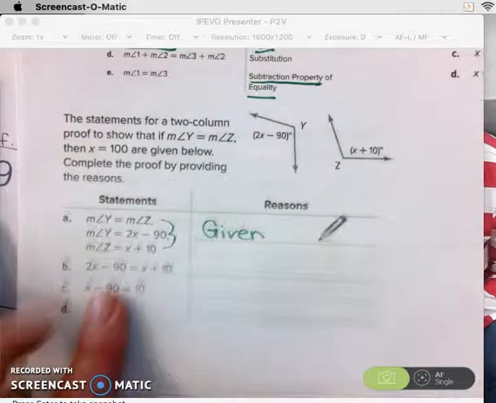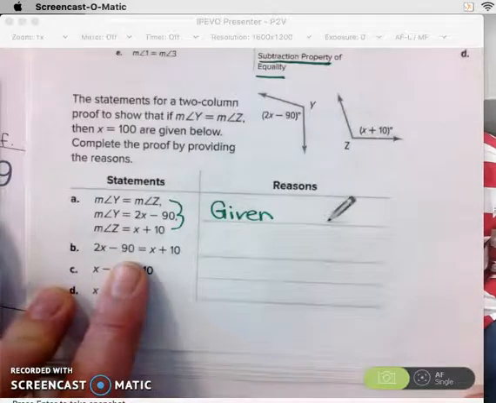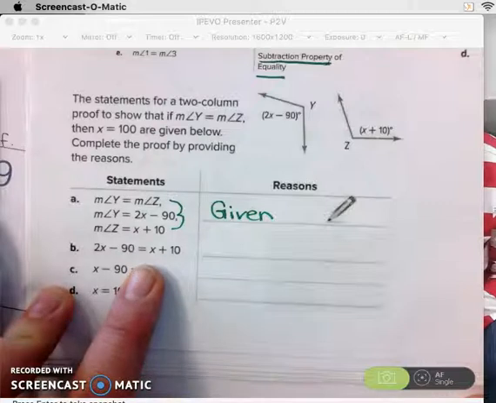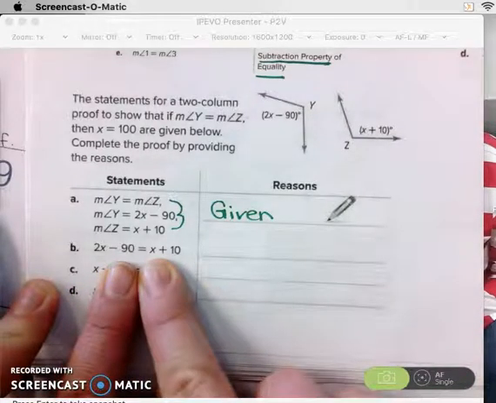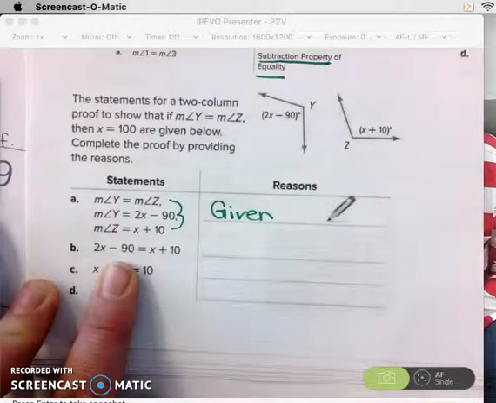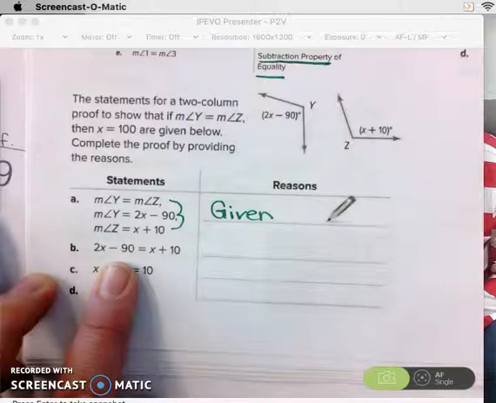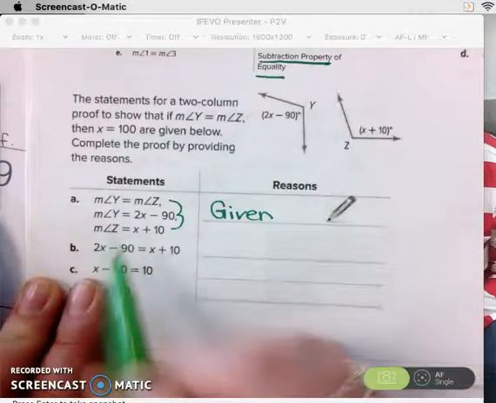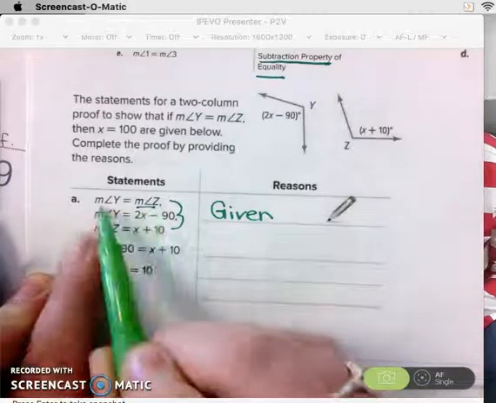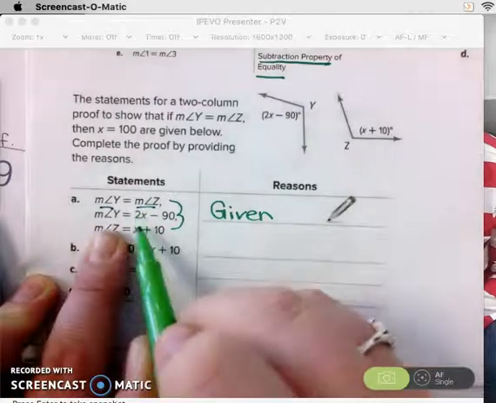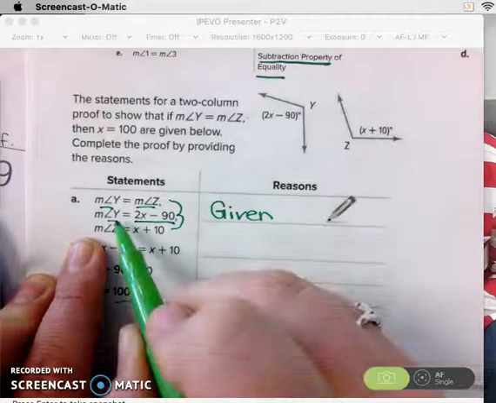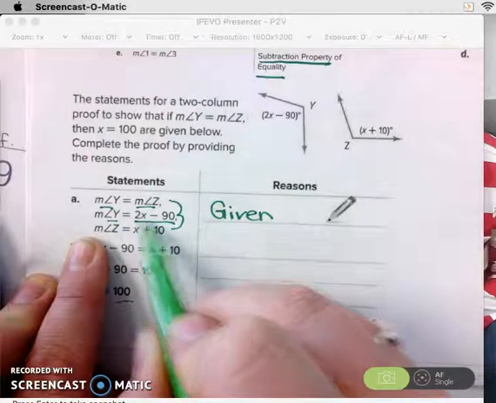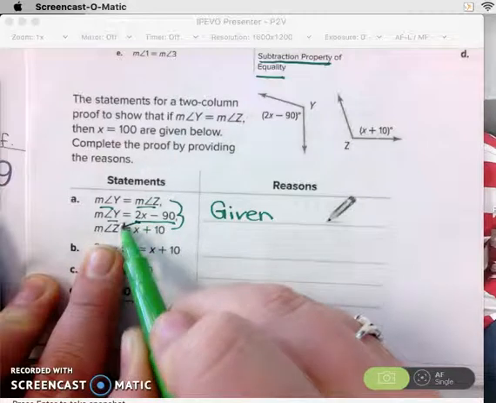Why? This is all what type of information? It's all given, so given information is the easiest one to write down. Next, 2x minus 90 equals x plus 10. How do I know that those two are equal? Looking here, y and z are equal, so this could be replaced with a z.